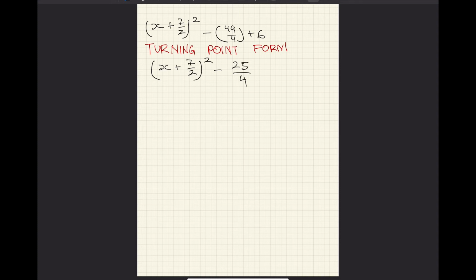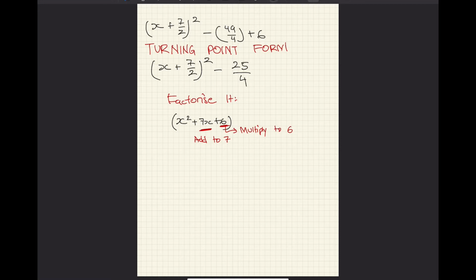So if we were to take the equation x squared plus 7x plus 6 and just factorize it, then what we can notice is we need to find two numbers which add to 7 and which multiply to 6.